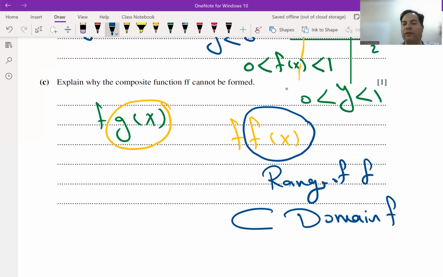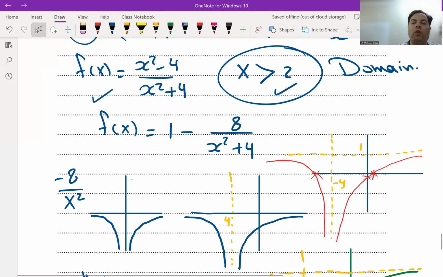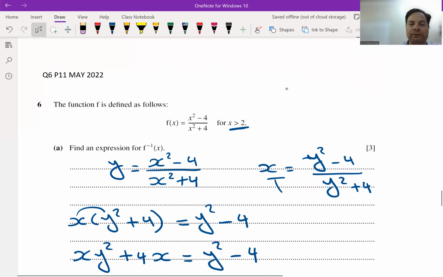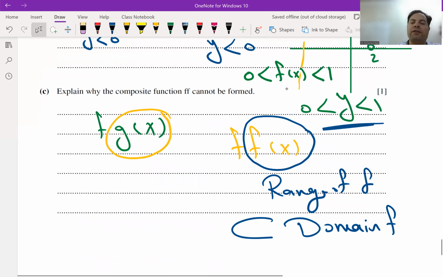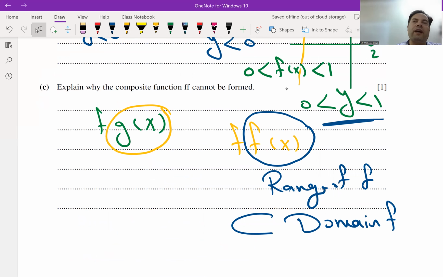Is it verified? Is the range of f, from 0 to 1, a part of the domain, where x is more than 2? No. So to get your answer, just explain that the range of f is not within the domain of f, or the range of f is not a subset of the domain of f.